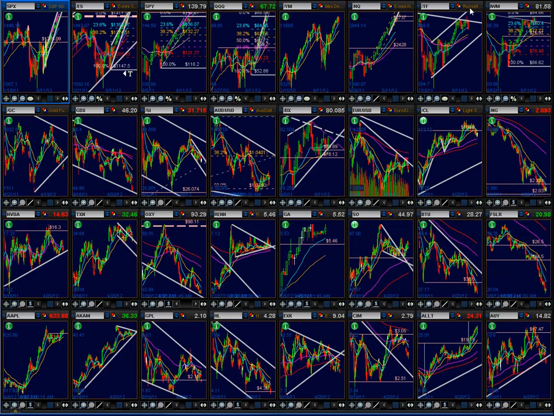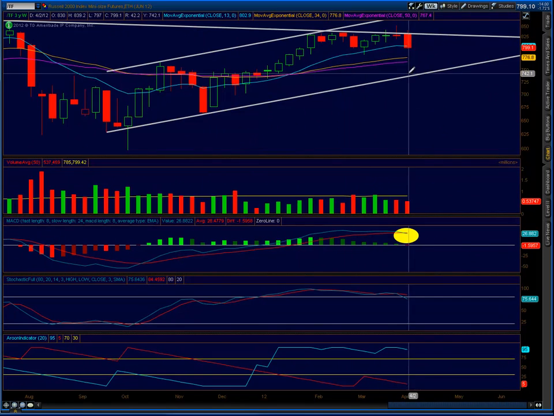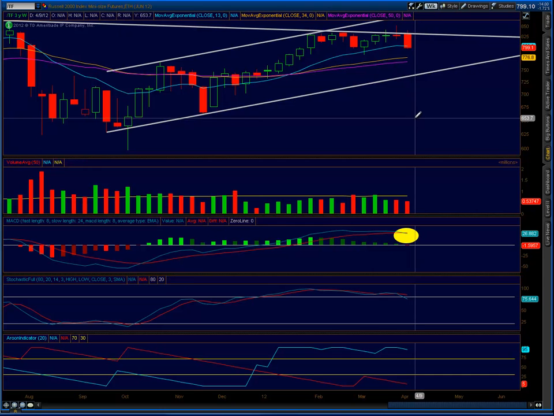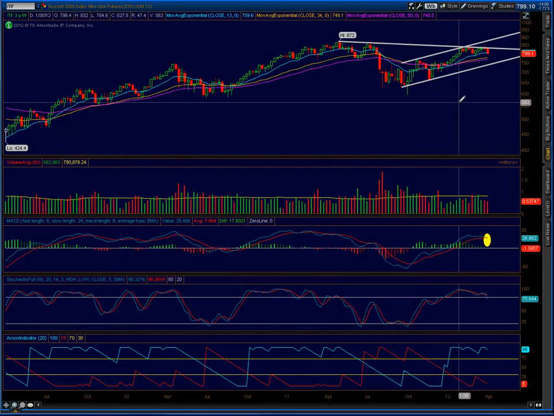So finally, let's look at what's going on with the Russell 2000. And the Russell 2000 is interesting because it is a little different of a pattern than the Nasdaq and the S&P.